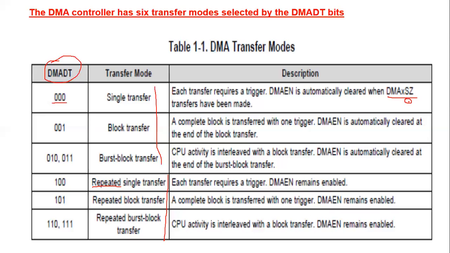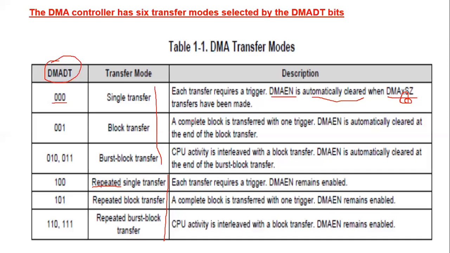Once this becomes 0, the DMA enable is automatically cleared. If DMA SZ becomes 0, then only DMA enable is 0.